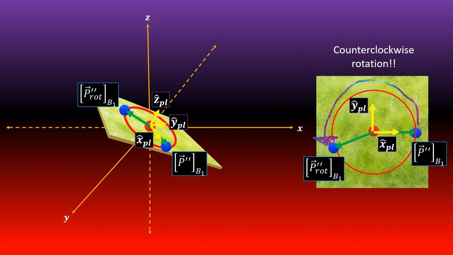And in this plane, the way that's shown here, the z hat PL will actually stick out towards the screen. And as you can see, it rotates counterclockwise in the x hat PL, y hat PL plane. So that's what's going on there.